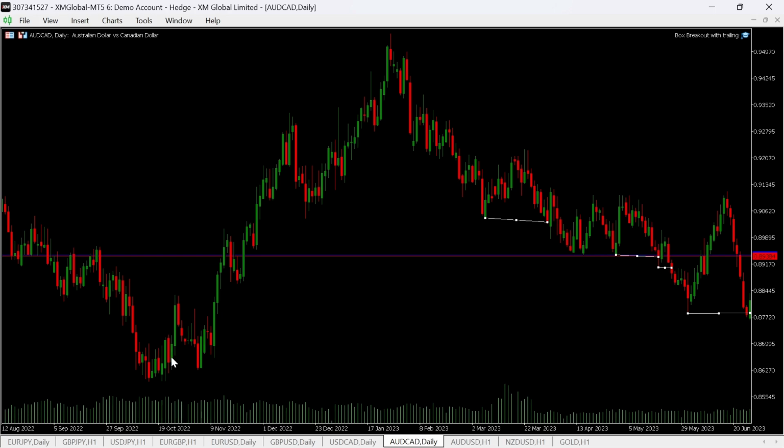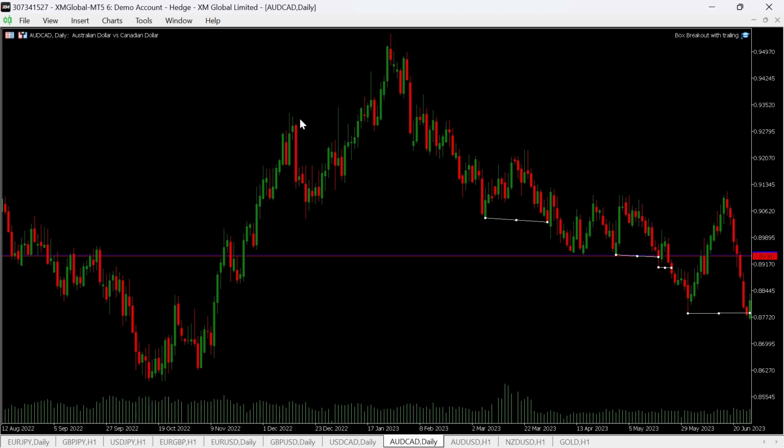If we look here, there was an uptrend. As we can see, there's a high and then a low, and then this is a higher high because it is higher than this one, higher low, higher high, higher low, higher high. This is not a very good higher low, so we won't consider this as a higher high.